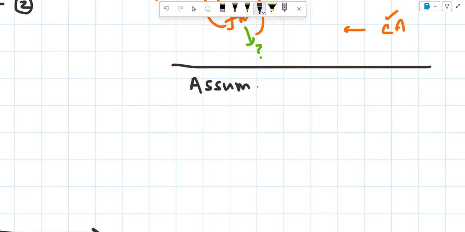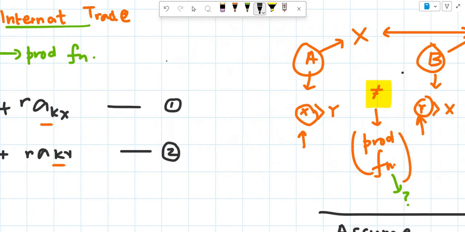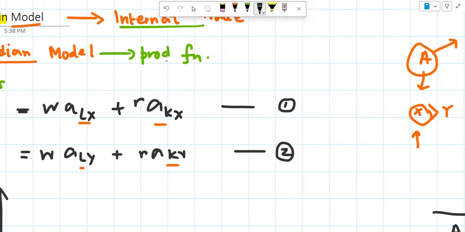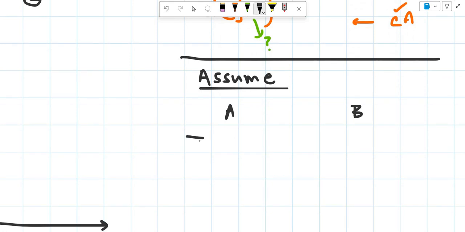Let me assume that there are two economies. Let's say there are two economies, A and B. And I assume that country A or economy A has more labor.